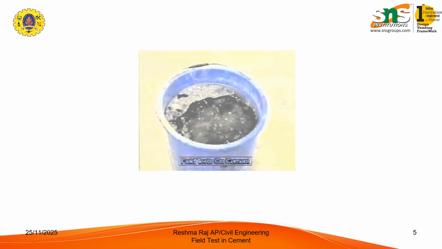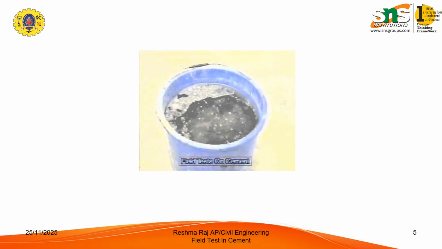When we throw cement into a bucket of water, it may initially float on the surface. This is because the dry cement particles are less dense than water, causing them to be buoyant. However, as soon as the cement particles come into contact with water, a chemical reaction starts. That chemical reaction is called hydration.